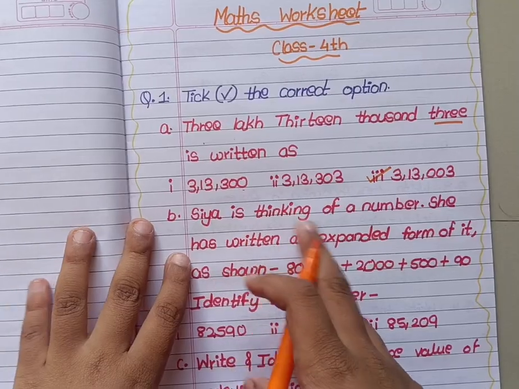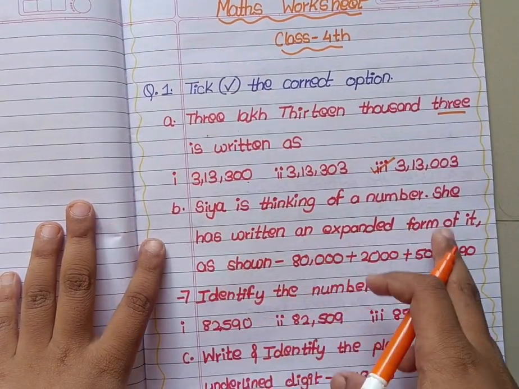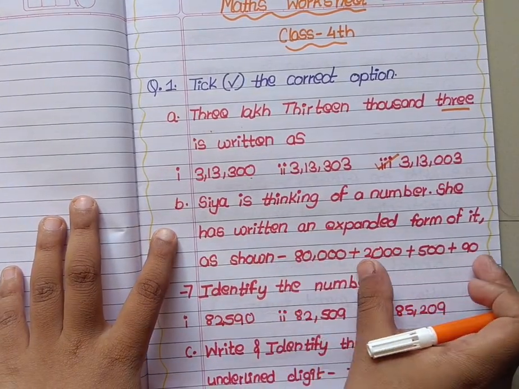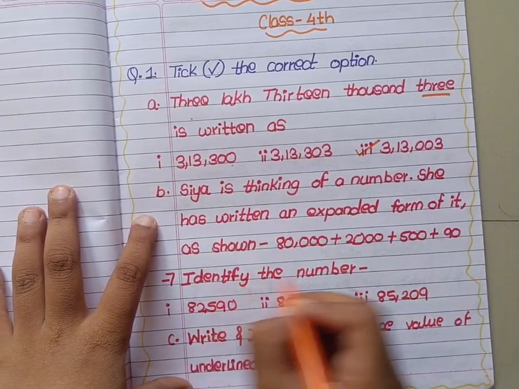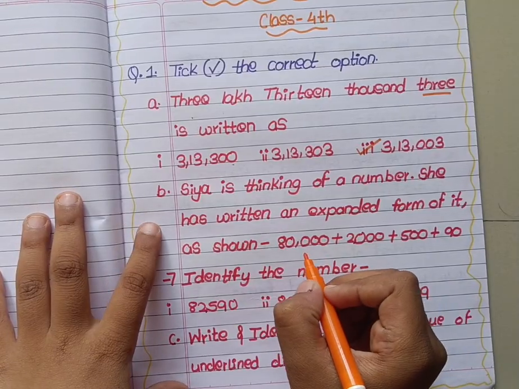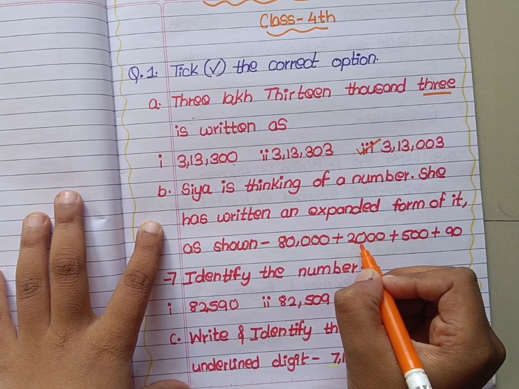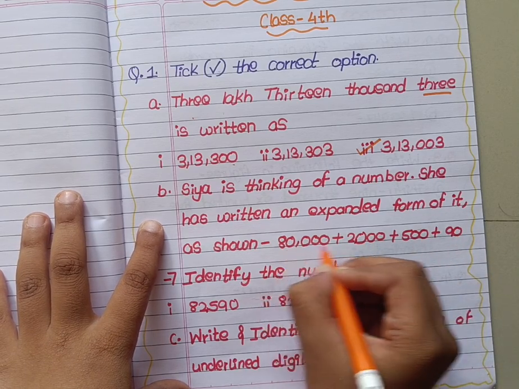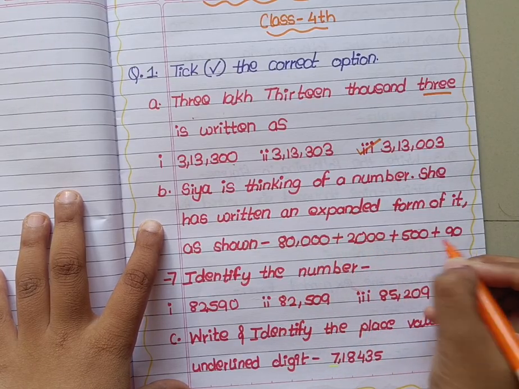Next, Sia is thinking of a number. She has written an expanded form for it as shown, and we have to identify the number. The expanded form is 80,000 plus 2,000 plus 500 plus 90.